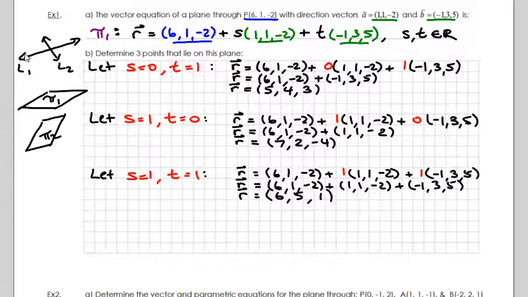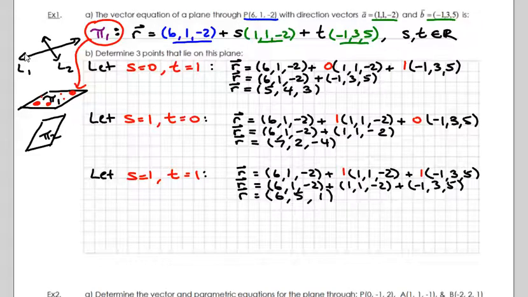Now B is asking, remember how there are an infinite number of points all along your plane? Well, from this plane specifically, I want to know if you can tell me 3 points that belong on that plane. And that's actually very easy.